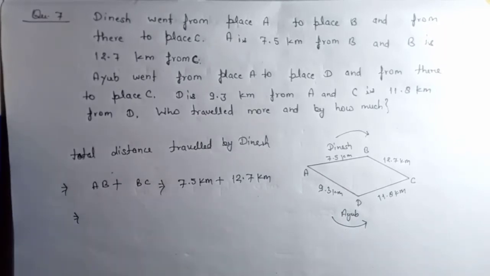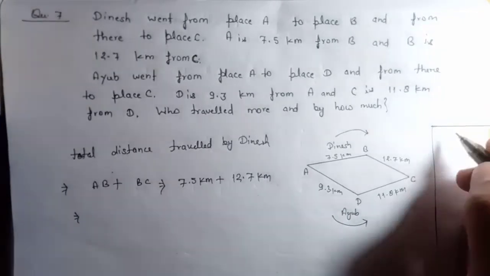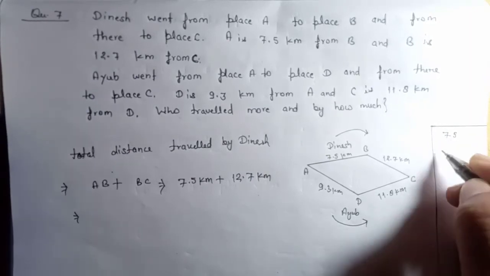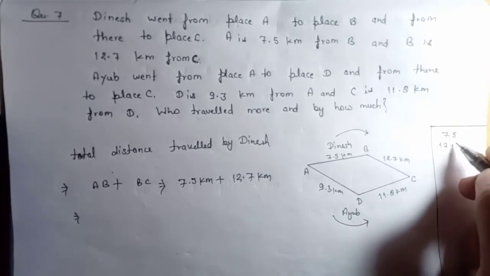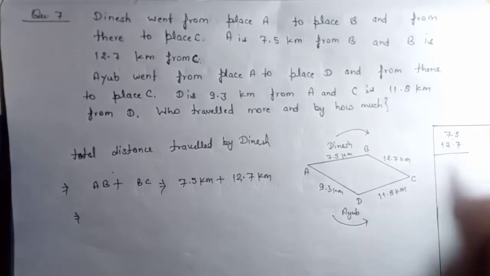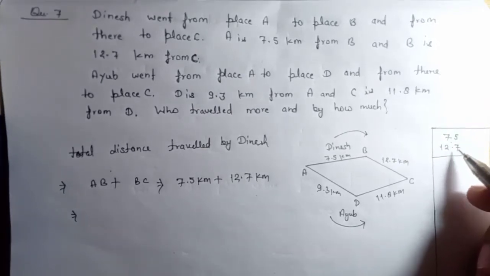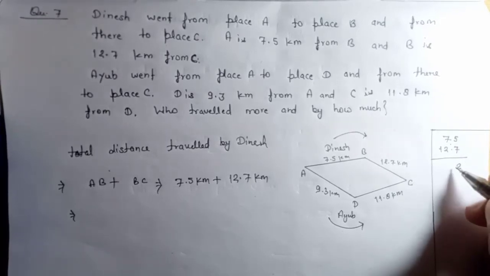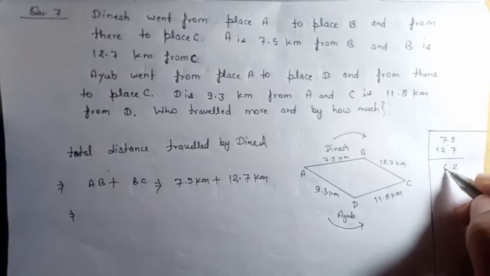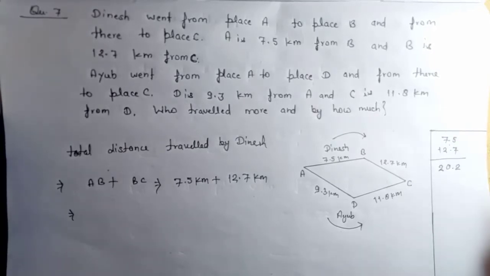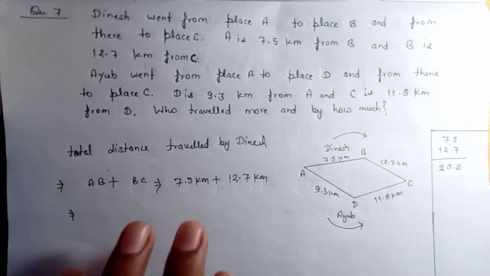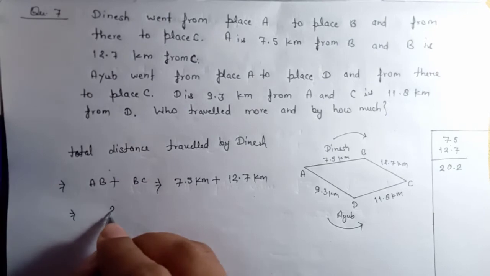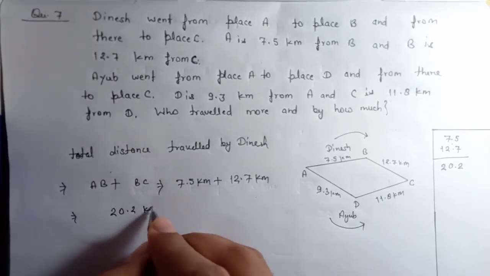Now add these numbers. It is very simple to add decimal numbers. Keep one thing in your mind, you have to put the decimal point just below the first. So add these numbers. 7, 5, 12, carry 1, and this is 20.2 kilometer.